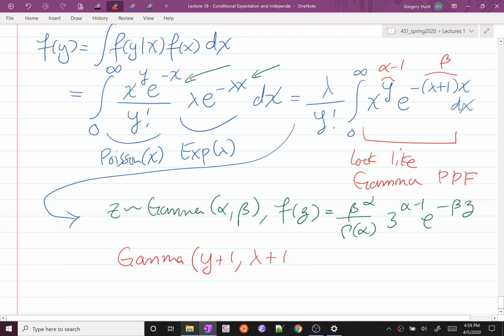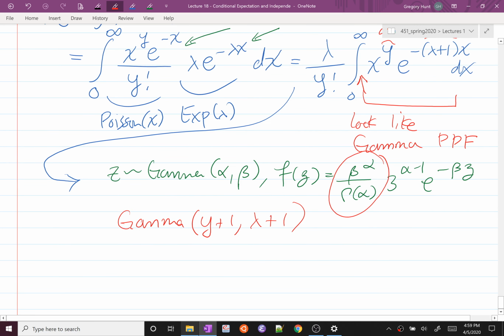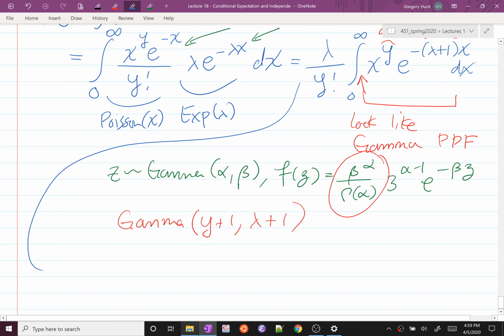What I'm missing out front are the normalizing constants. So what I can do is multiply and divide by those constants. Let's bring this all the way down here. I've got a lambda, a y factorial.